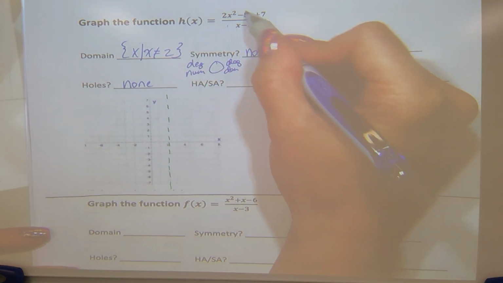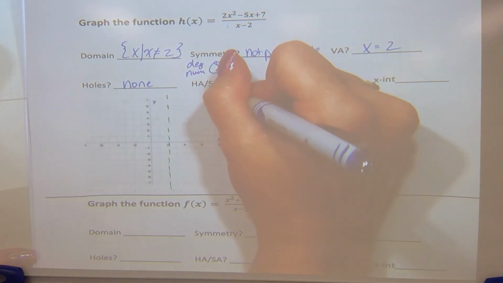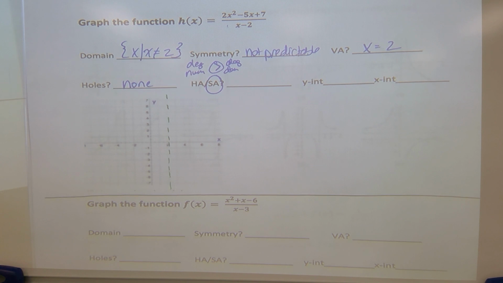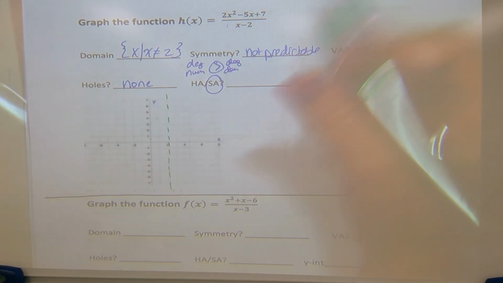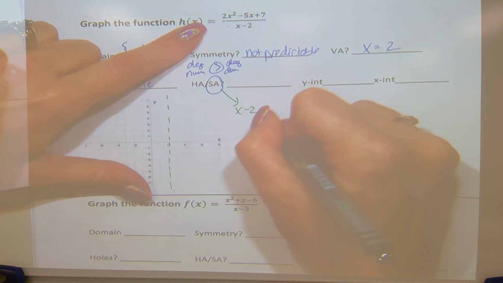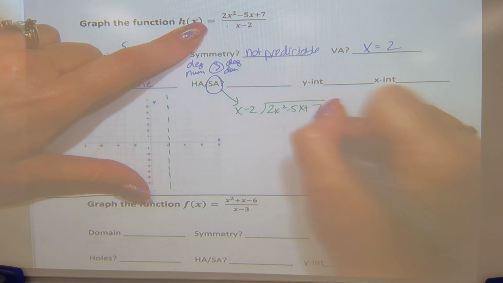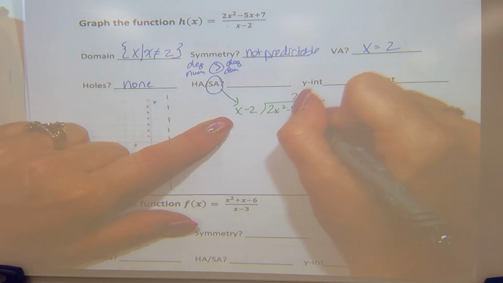And I see that my degree of the numerator is one greater than the degree of the denominator. So I know I have a slant asymptote, and I'm going to have to figure that out using my division. So I set up my division problem, x minus 2 into 2x squared minus 5x plus 7. That gives me a 2x.